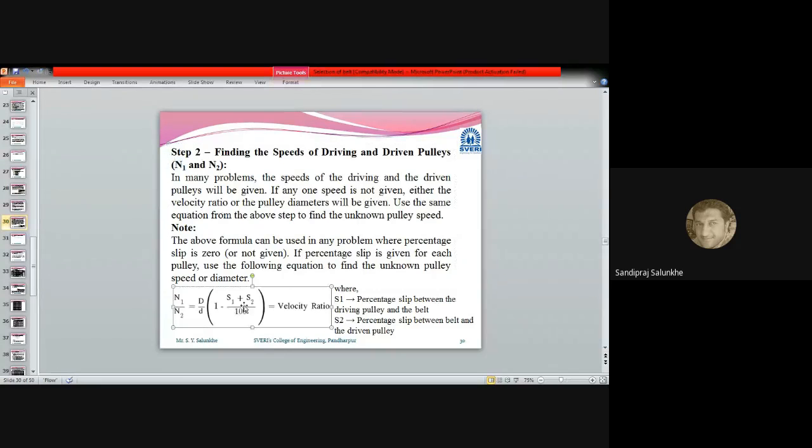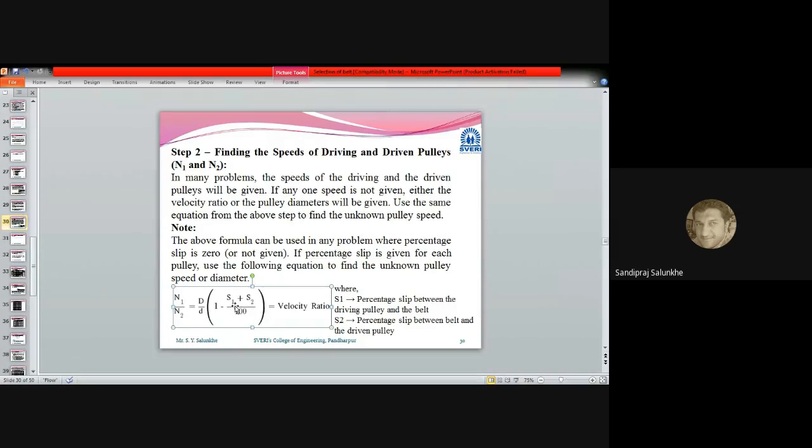Now, when we do not have the data for the driver and driven pulleys, in that case the velocity ratio is calculated, or we can do the reverse calculation from the velocity ratio. At that time, we can calculate this velocity ratio in terms of slip of driver pulley and driven pulley.